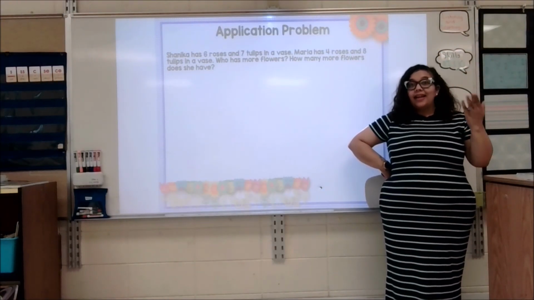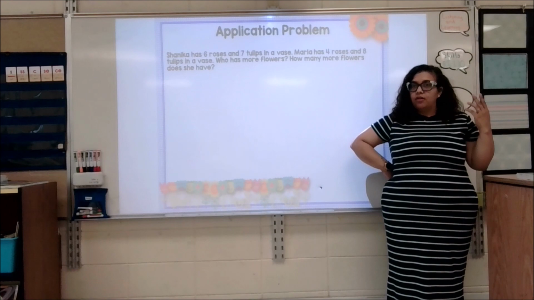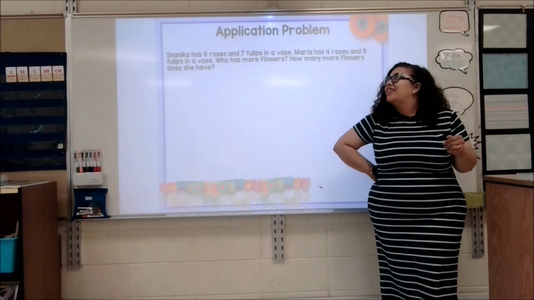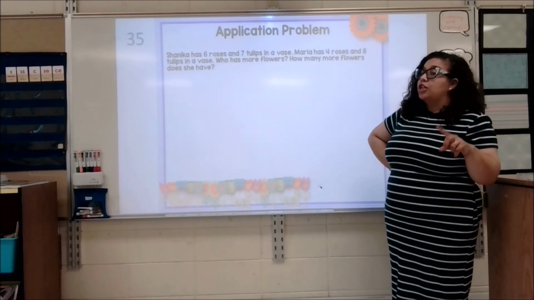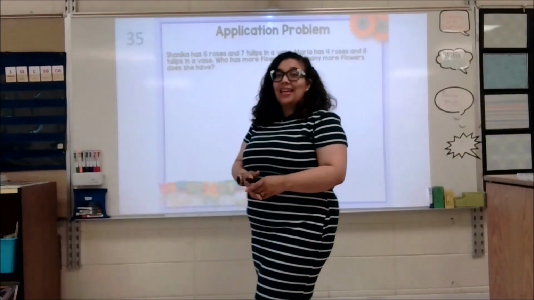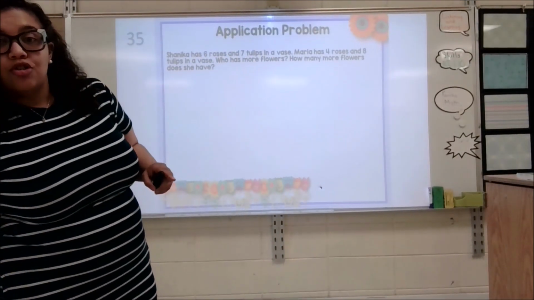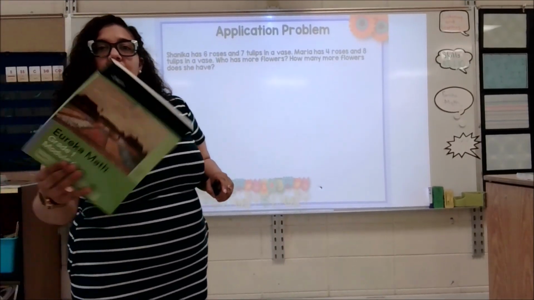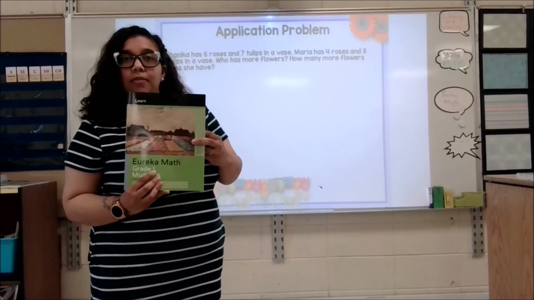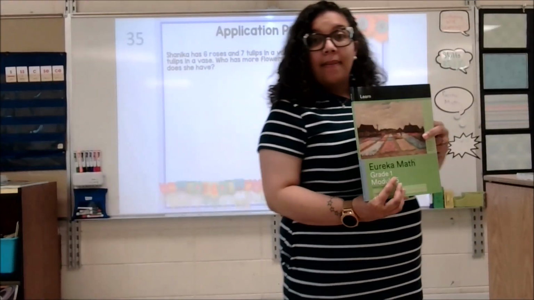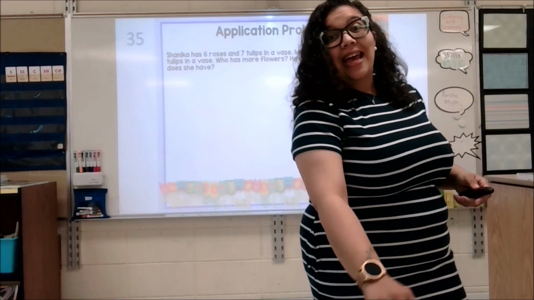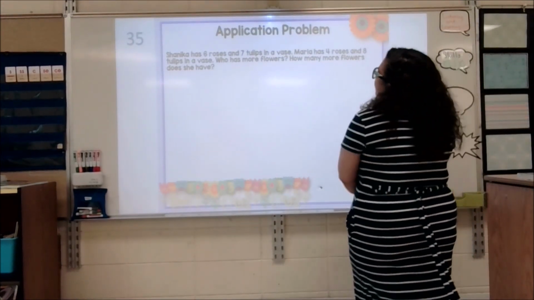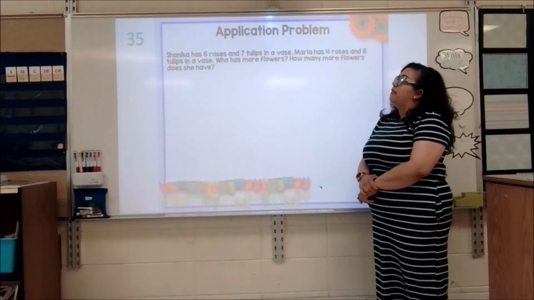We're going to go ahead and continue with our lesson, like I just told you. Here's our application problem, which is on page 35 in our blue Learn book. Page number 35, and it reads, Shanika has 6 roses and 7 tulips in a vase.